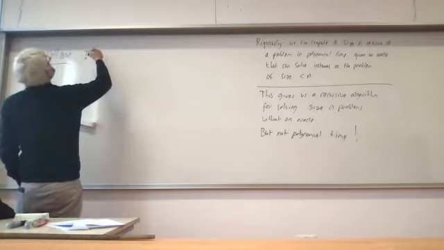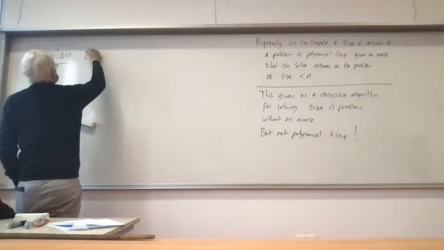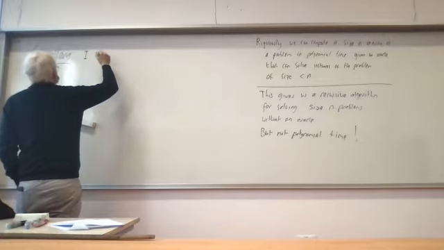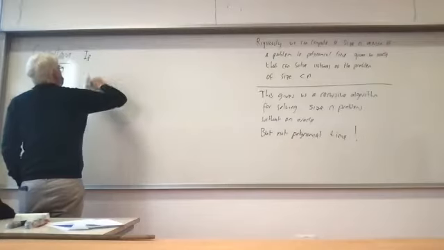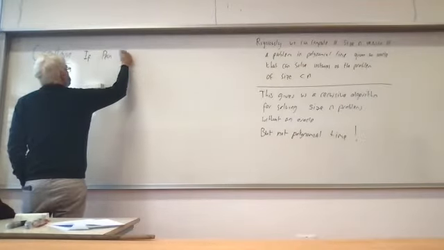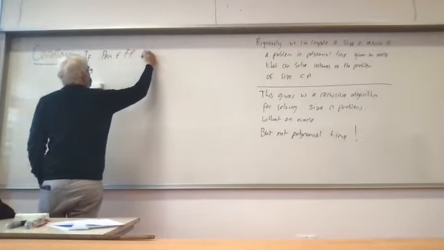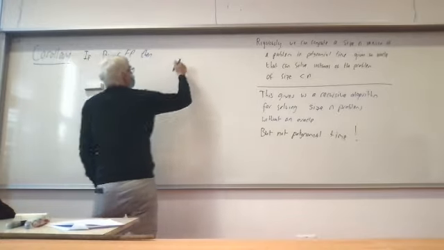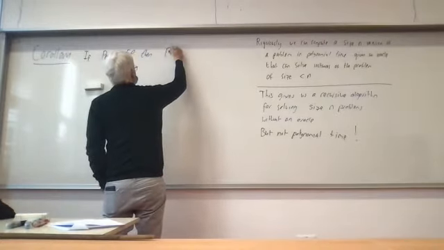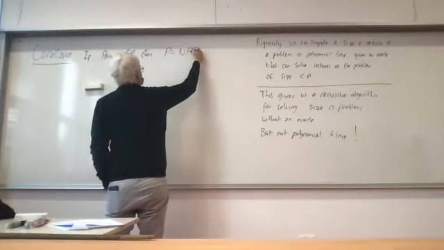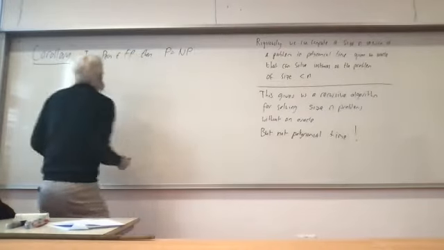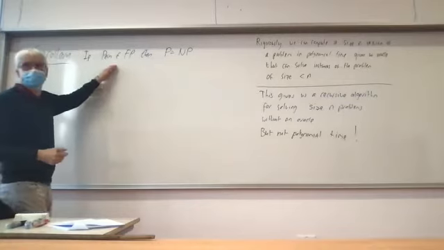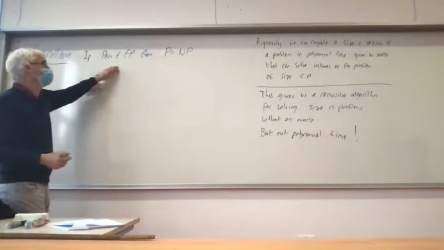That is, there's a polynomial time algorithm for computing the function. So if the permanent belongs to FP, then we get our usual bad consequence that we expect not to be true, that P equals NP. So this is a way of saying it is unlikely that we can compute the permanent in polynomial time.